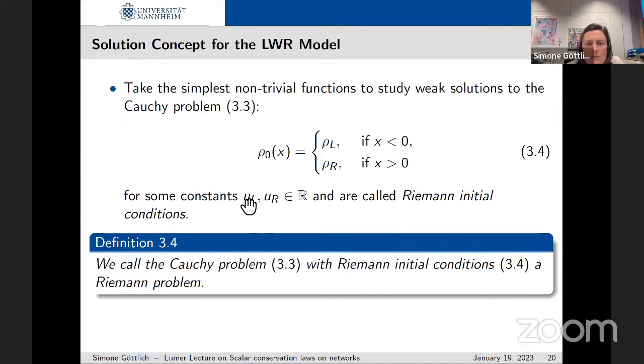Oh, no, this should be rho, sorry for that. These kinds of problems are called Riemann initial conditions. And if we now use these Riemann initial conditions and combine them with the conservation law, we are talking about a Riemann problem.